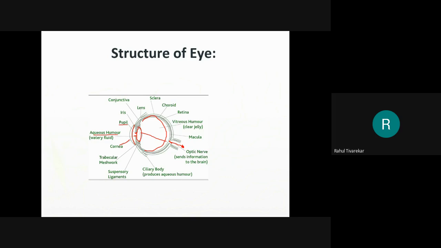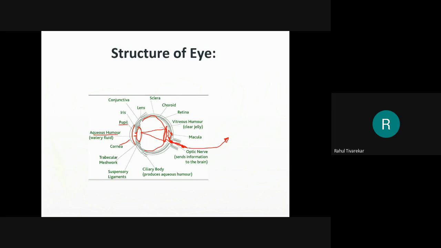Suppose light enters from here, and it forms an image on this particular region, and this acts as a photosensitive element, and it will generate some kind of energy, which is converted into electric impulses, and those impulses are transmitted through the cable called the optic nerve, and that impulse will be carried towards the brain so that we can perceive what we are looking at, so that we can get an idea of what the current scene in front of the eye is.